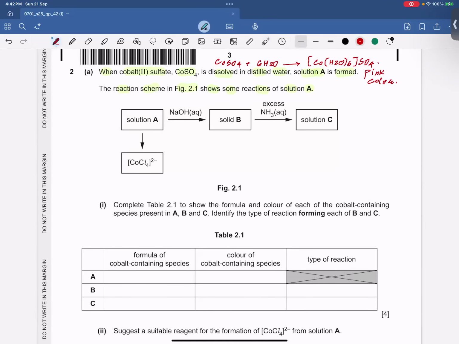So what's going on actually here? Let me show you. When the pink solution of cobalt 2 ions or cobalt 2 sulfate is treated with NaOH, I'll get sodium sulfate, and due to an acid-base reaction or precipitation reaction, I'll get a precipitate of this complex, along with water molecules.